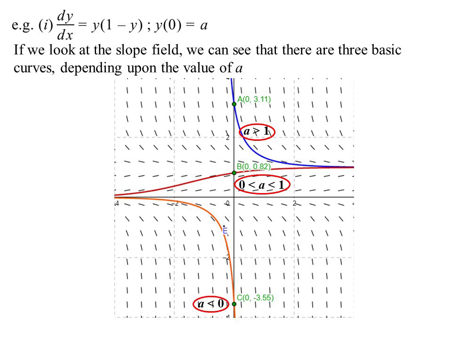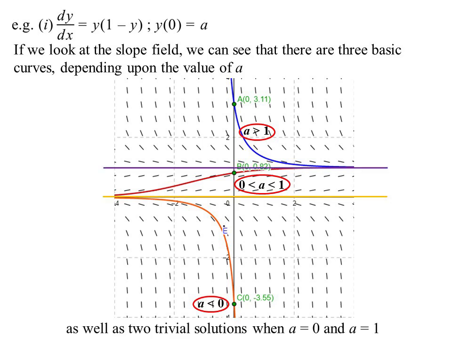Because in my slope field I ended up with some horizontal lines at the x-axis, but also at y equals 1. So that means they're trivial solutions. So there's actually 5 different solutions we could have to the logistic equation, depending on what a happens to be.